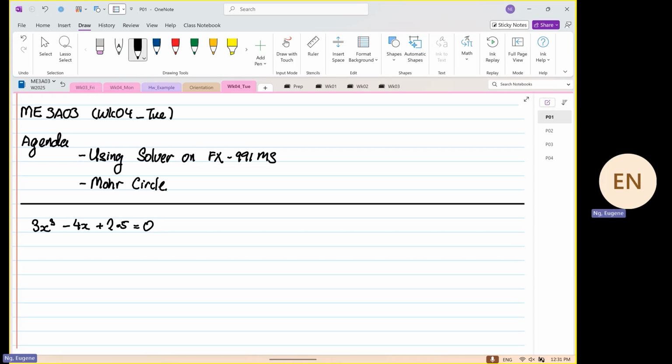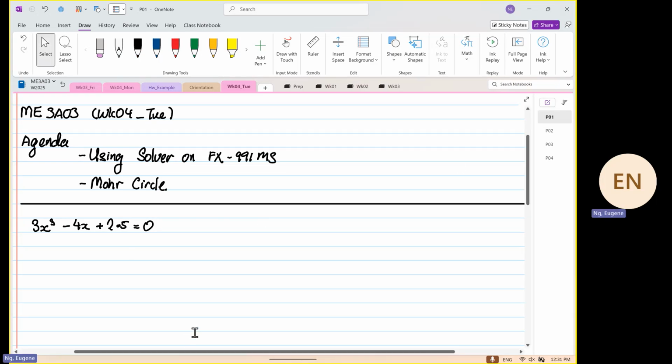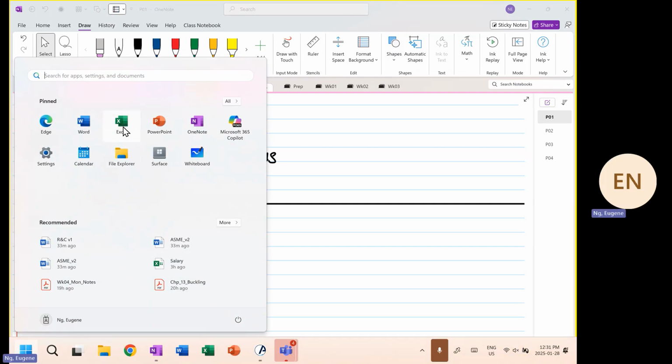Okay, so I'll show you how we can solve this on Excel. Do you know how to solve this on Excel or no? Yes, some no, some no. I don't know. Okay, so I'm going to show you on Excel how you can do it easily.